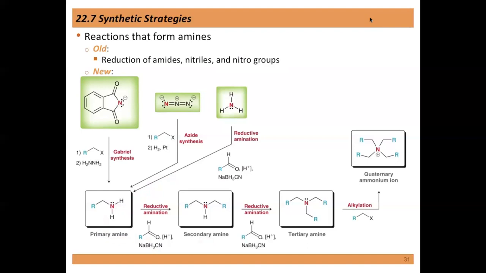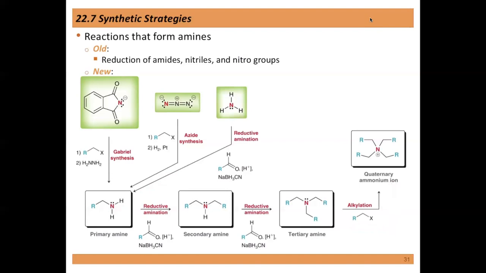And if you took a secondary amine with a carbonyl, again with the reducing agent, the sodium cyanoborohydride, you would end up getting an iminium ion or an enamine. Either way, those are reduced down to a tertiary amine. And then finally, if you wanted a quaternary ammonium ion, you could just alkylate again.